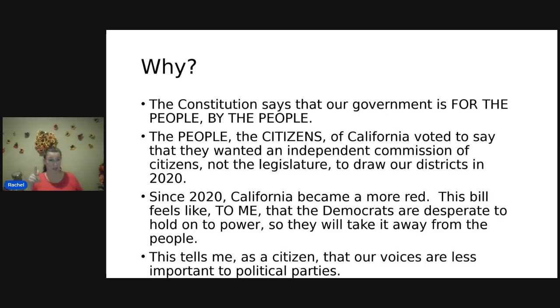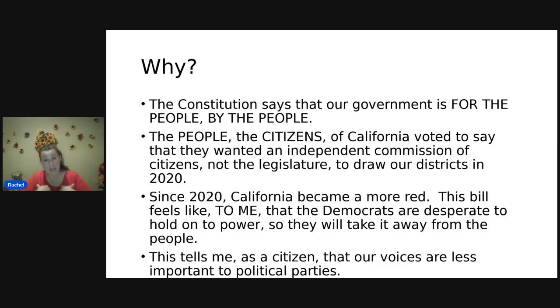And I'm going to show you something here in a minute that really tells me why I think they're putting this bill out here. But this bill feels to me, now just to me, I am not speaking for anyone else. I cannot tell you what exactly they are thinking because I can only speculate.